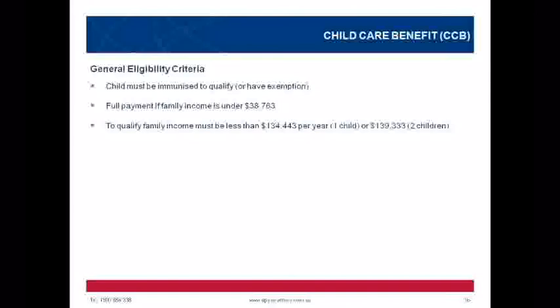That's a bit of a mouthful, but what we have is a range here. So the full payment, if your family's income or household income is $38,763 or less, and you receive a reduced payment right up to $134,443.